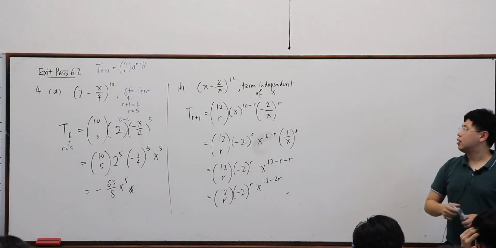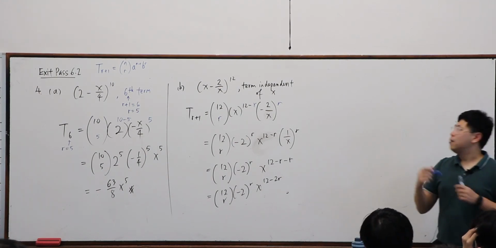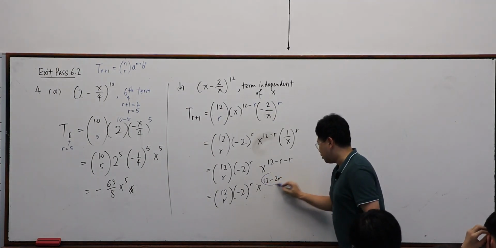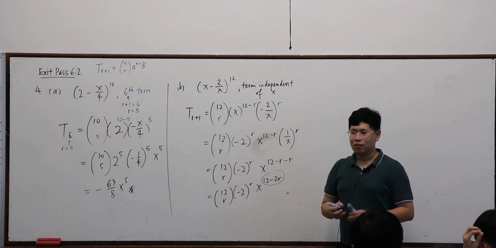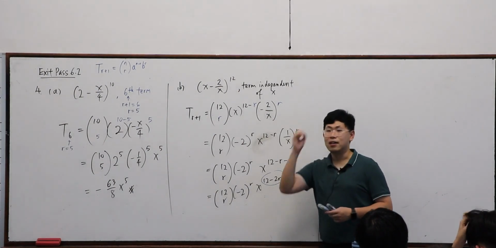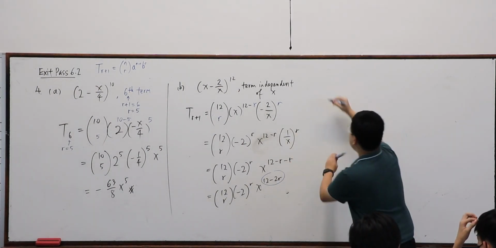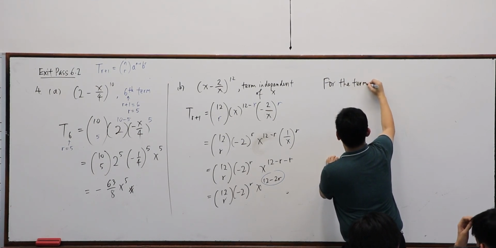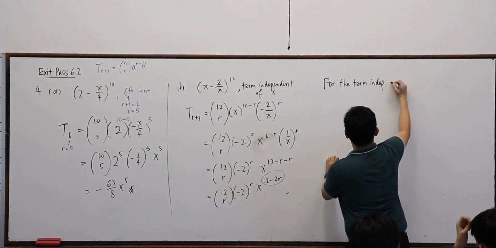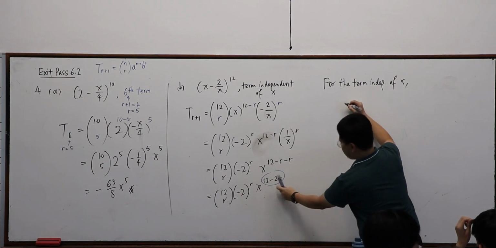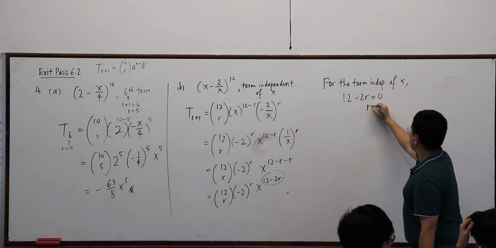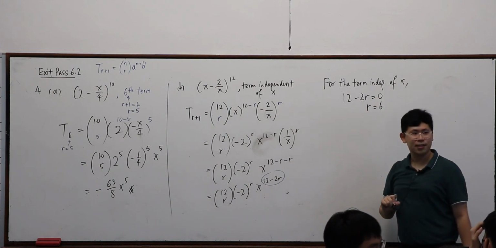So for the term independent of x, meaning the term does not have any x, what does it mean for this power? The power must be 0. So for the term independent of x, this power 12 minus 2r equals 0. When you solve, r should be equal to 6.